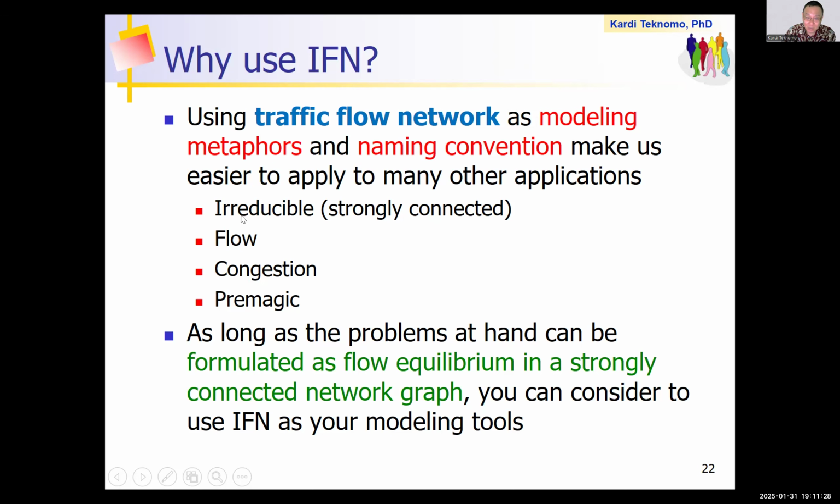Okay, so we still use irreducible, we still use the name flow, we still use the name congestion and premagic. Okay, so as long as the problem at hand is about flow equilibrium in a strongly connected network graph, then you can use IFN as your modeling tool.